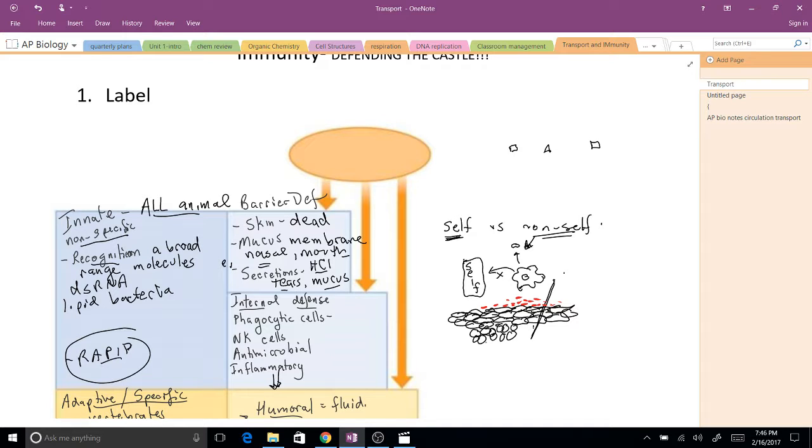Now, the same is true for mucous membranes. Mucous membranes are tissues inside of our body that, similar to skin, they've got nice thick layers. They're epithelial tissue, but without the dead cell layers.